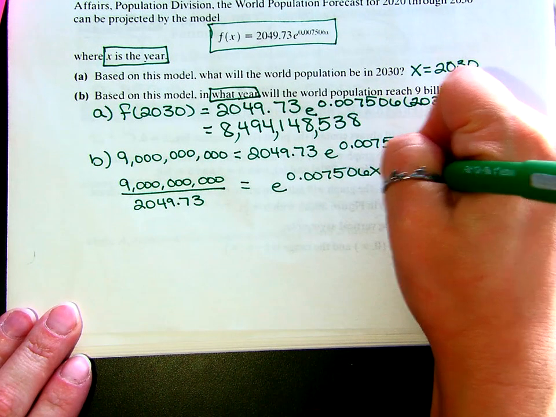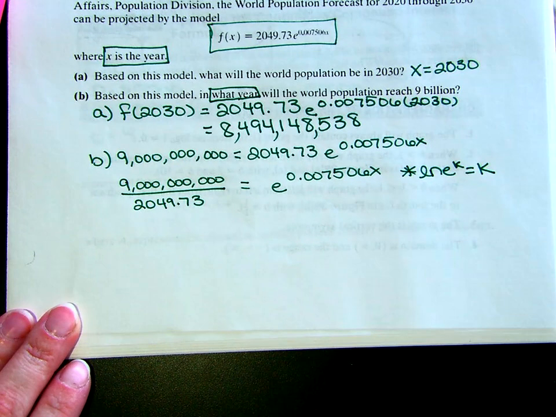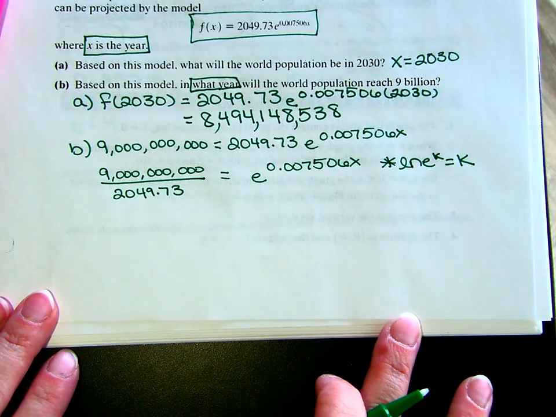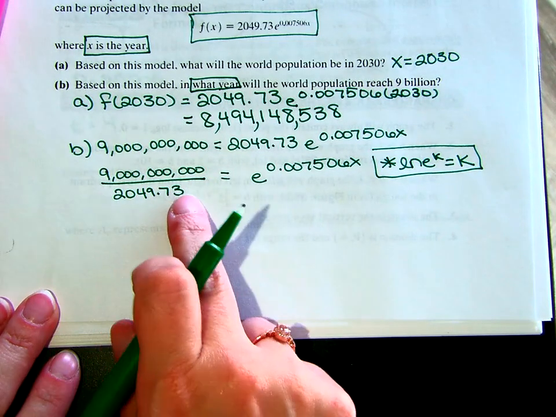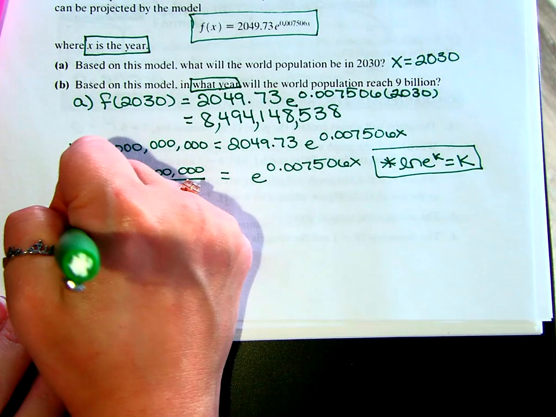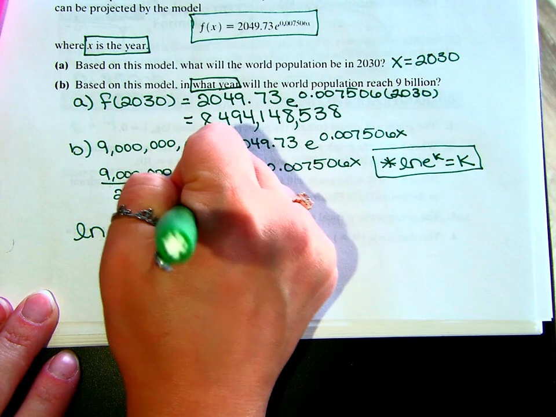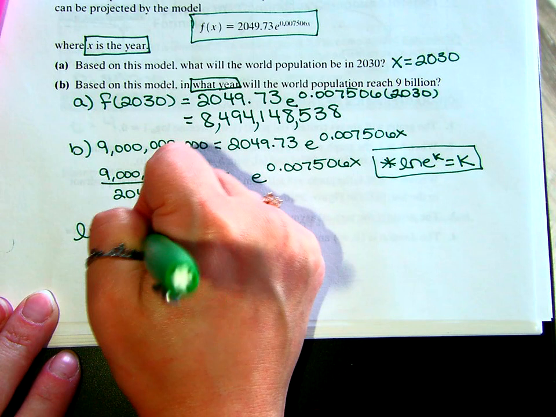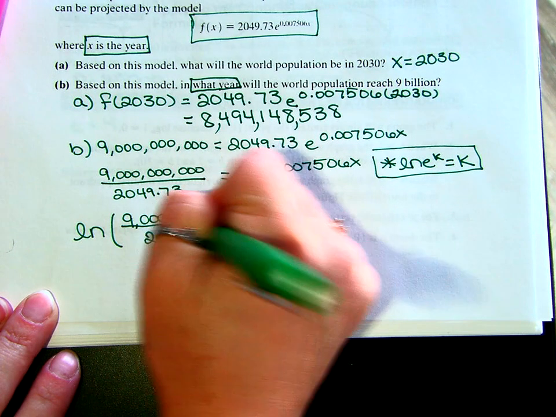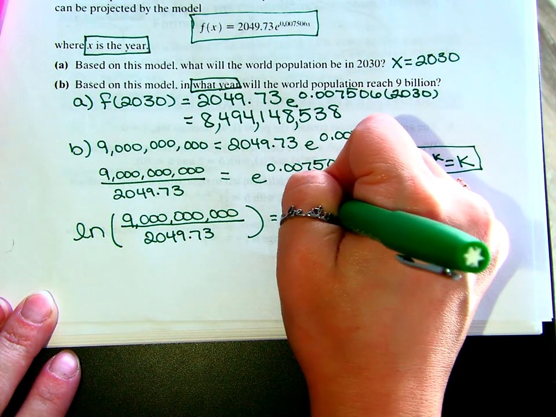That's our special little rule. It's just going to save me writing all this multiple times. So I'm going to ln my 9 billion divided by 2049.73, and all of that's going to equal 0.007506x. So we ln both sides, but then the ln of the e goes away, leaving me with just my exponent.